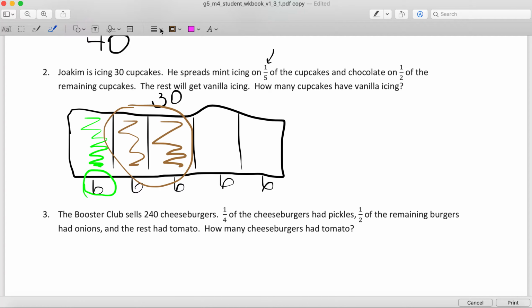Okay? And the rest had tomato. So you could take your 180 here, subtract 90 here, and you get 90. Okay? So that's the math of it. You choose. Pictures help us to understand it a little bit better. And because this is a video, you can stop it. Okay? All right, we're going to keep going.